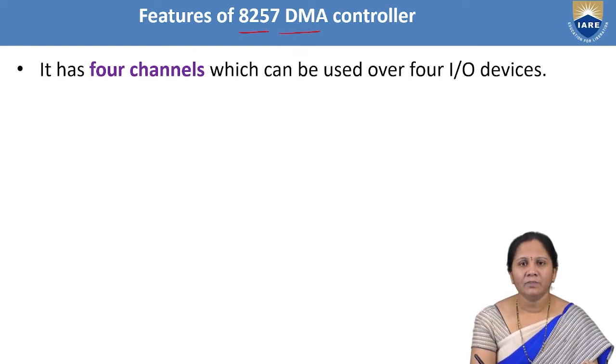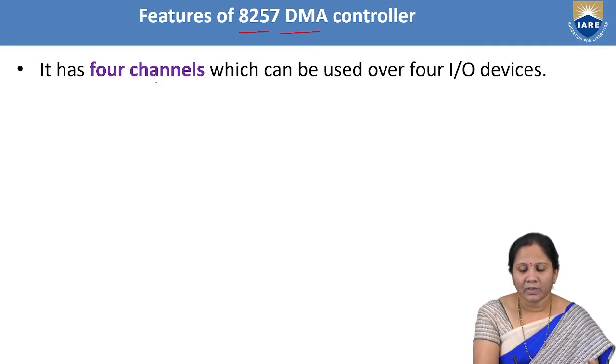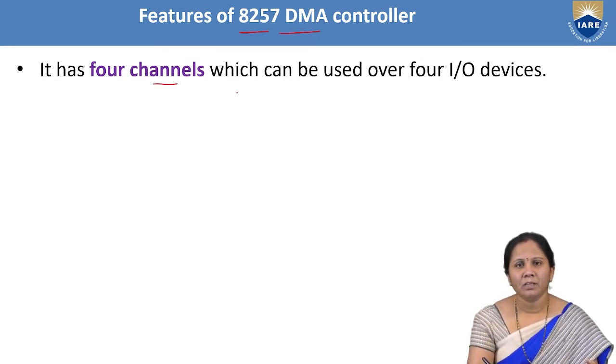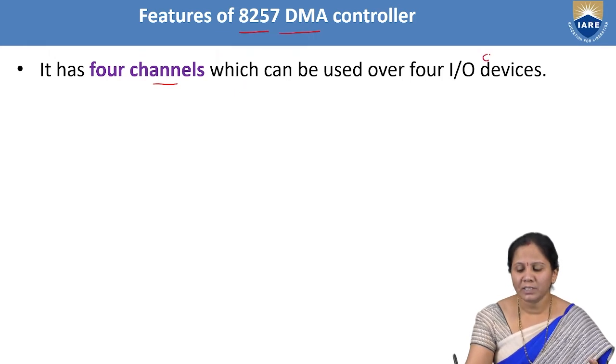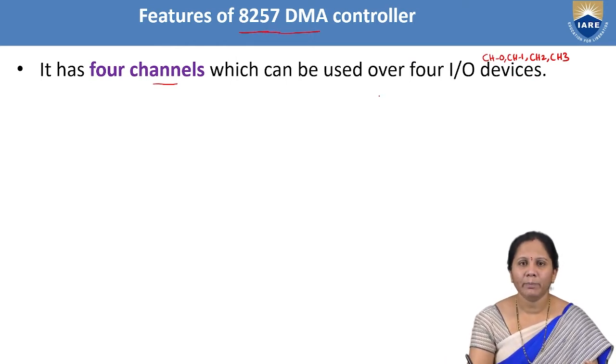The features of the 8257 DMA controller are, it has 4 channels: channel 0, channel 1, channel 2 and channel 3. Since there are 4 channels, one IO device can be connected to each channel, so 4 IO devices can be connected.